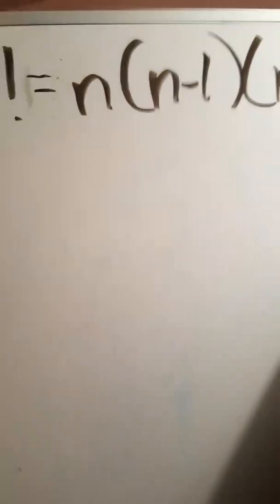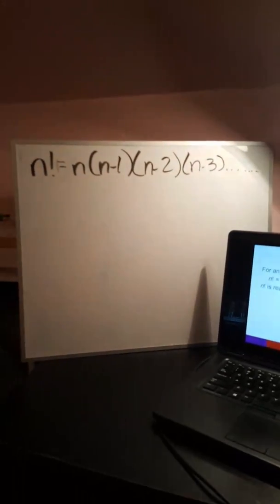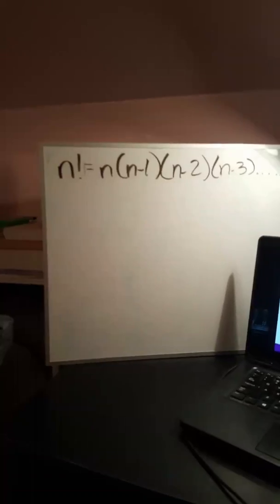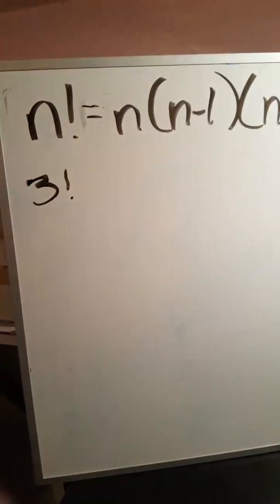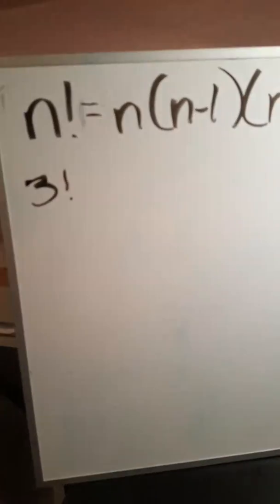N factorial is equal to n times n minus 1, n minus 2, n minus 3, and I'm just going to put so forth past there. All right, so let's actually use 3 for n. So it's going to be 3 factorial versus n factorial, because remember n is any natural number. So 3 is the natural number that we are using.